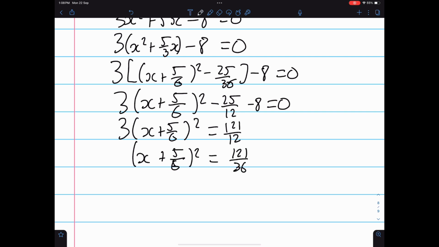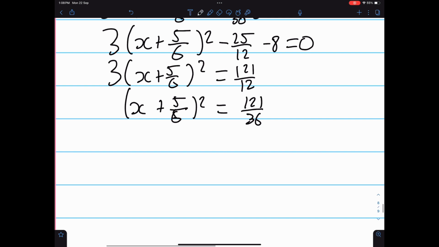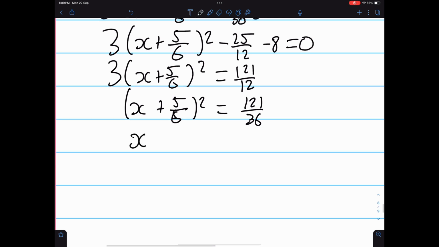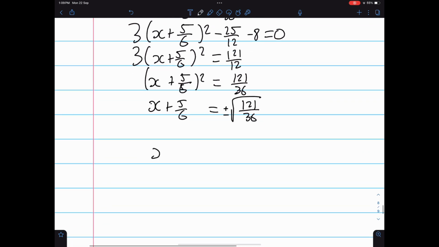Right, so this one here actually isn't going to be irrational. So x plus 5 over 6 will equal 11 over 6, or x plus 5 over 6 will equal -11 over 6.